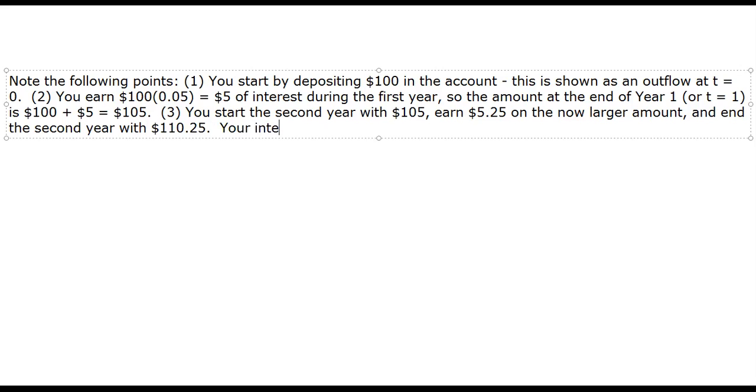Your interest during year 2, which is $5.25, is higher than the first year's interest.